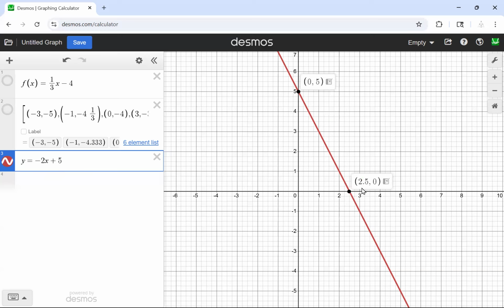Here's another point, 2.5, comma 0. We would have had to have gone down 5 units and then to the right 2.5 units. So that's -5 divided by 2.5. -5 over 2.5 is a slope of -2.